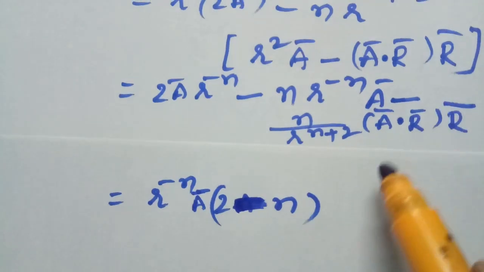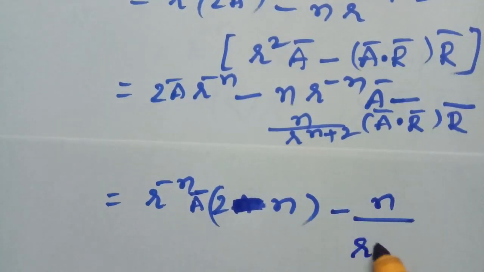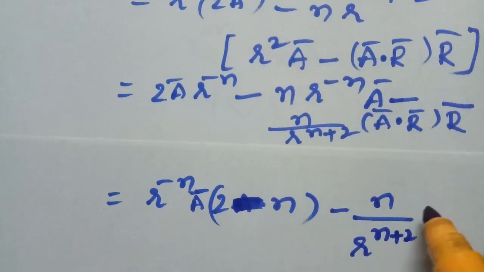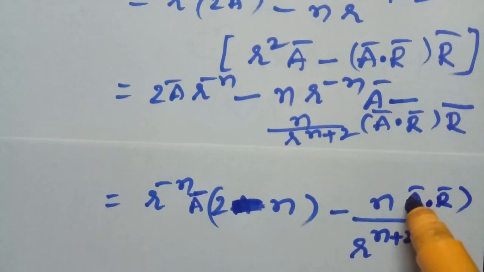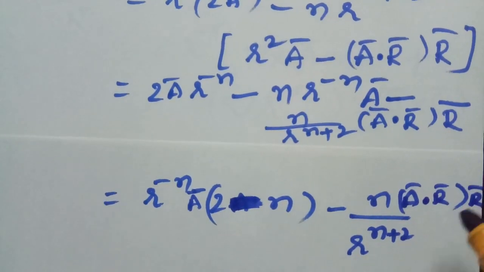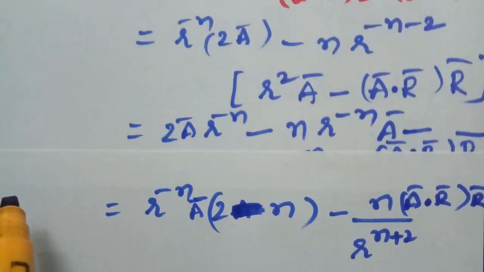Again, here this can be written as minus n by r power n plus 2 into a bar dot r bar into r bar.